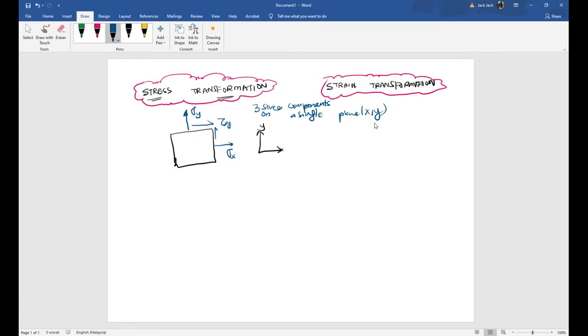Another important thing about stress transformation: we have to go through the definition of the state of plane stress.